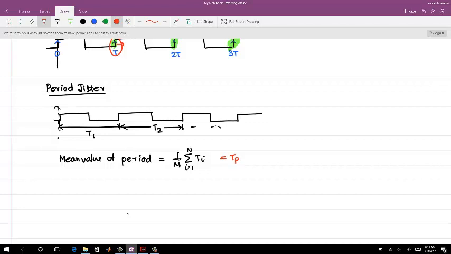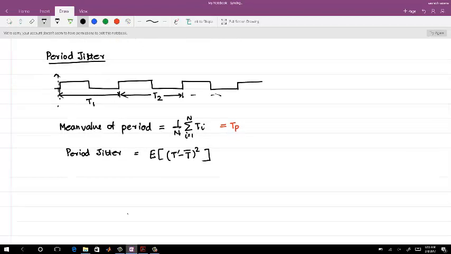Now the period jitter is the mean square value of T, the time period you measure. Let me call T dash the time period measured, with respect to the average time period.